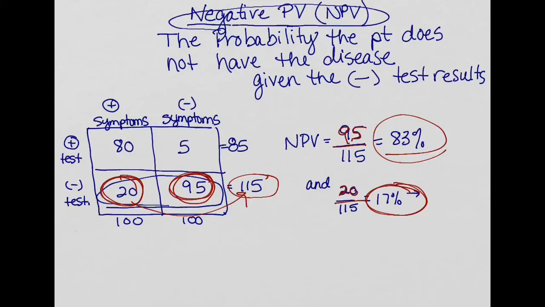So this patient, although they have symptoms, I would probably tell the patient, I'm really still suspecting the flu. Let's go ahead and put you on some Tamiflu, try to shorten your symptoms a day or two maximum, and go from there. So I hope that helps you understand positive and negative predictive value.